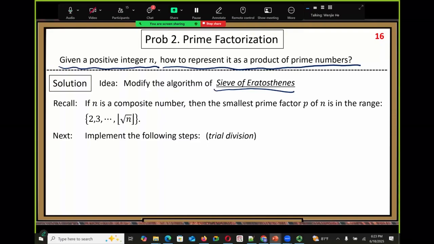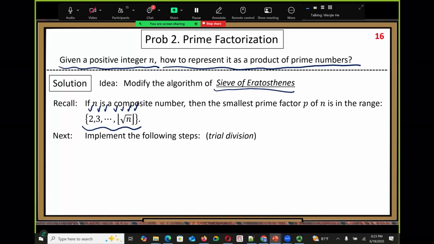Product of prime numbers, so each factor should be a prime. Prime in this range. But we just go through the numbers in this list, one after another.